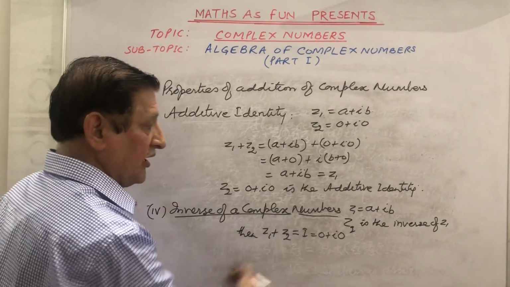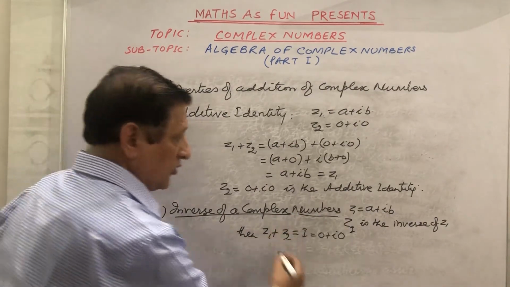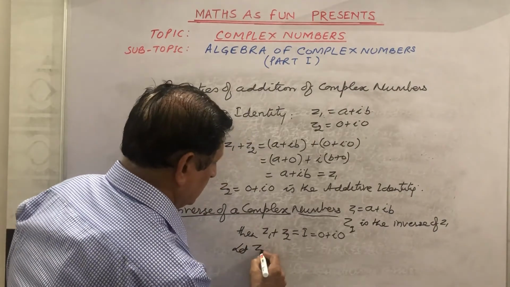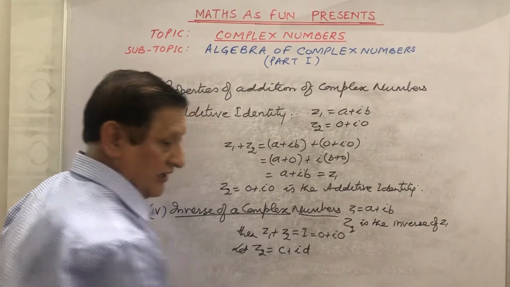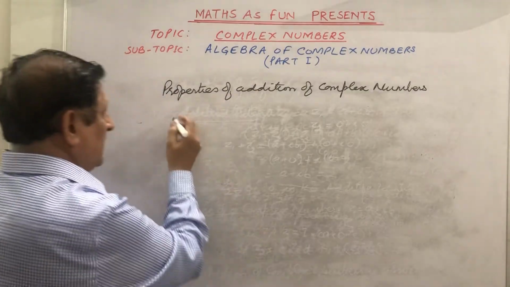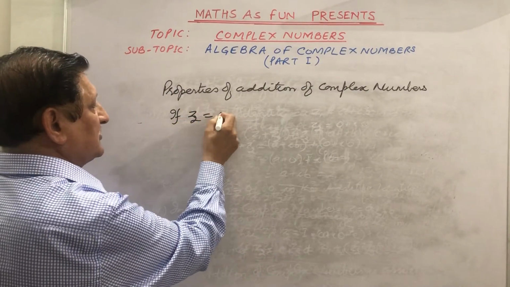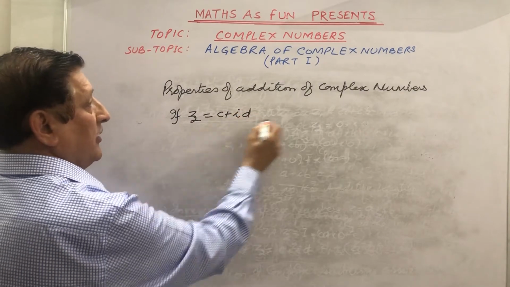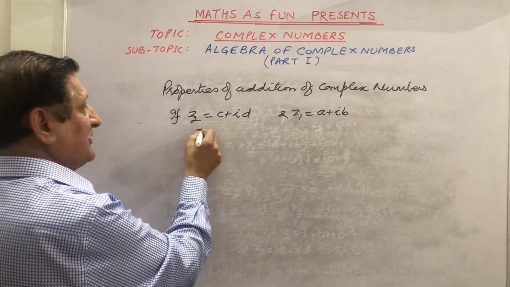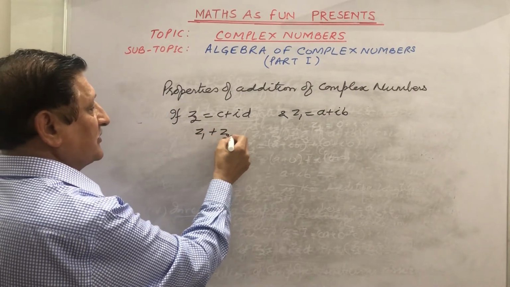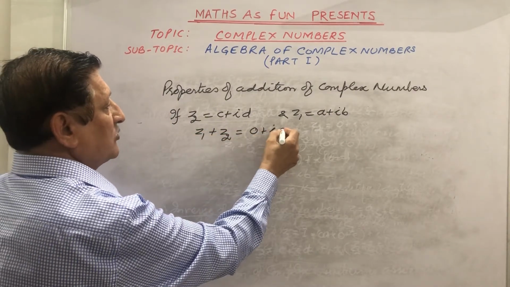How can we do that? Suppose Z2 is c plus iota d, then what we will have? If Z2 is c plus iota d and Z1 as we have taken is a plus iota b, then we are taking Z1 plus Z2 is equal to 0 plus iota 0.